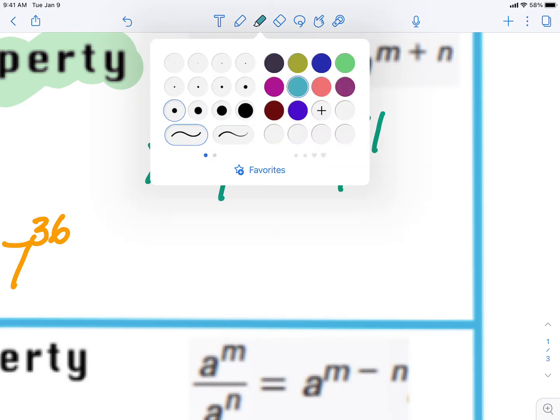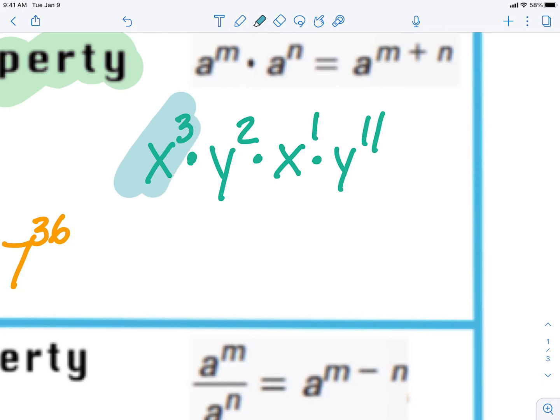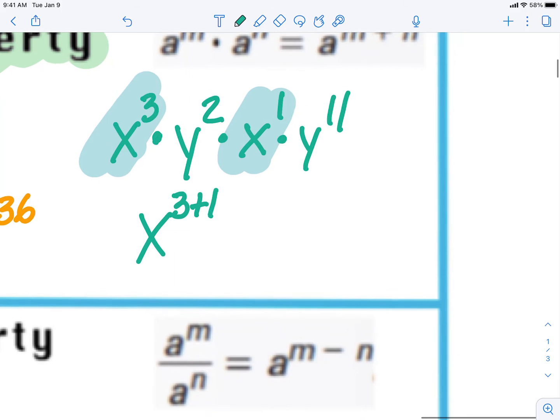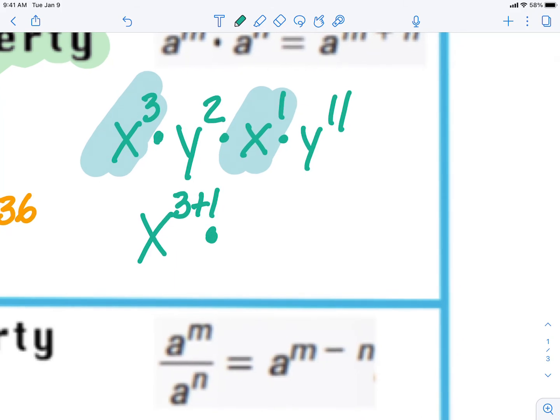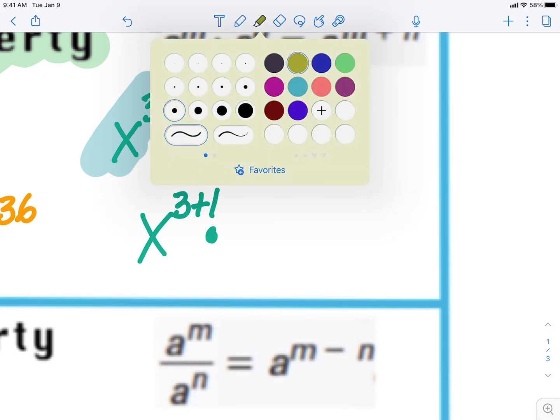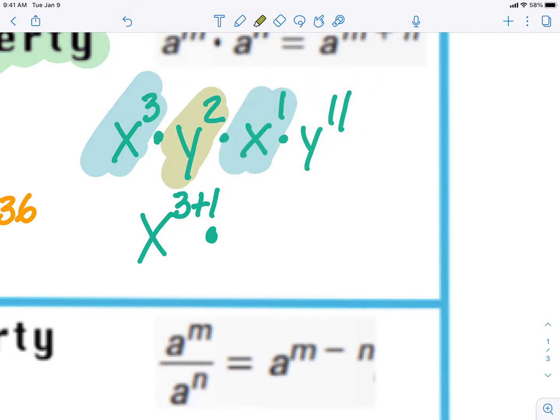So my x is x to the third and x to the first. Well, those two are x's, so I'm going to write x, and I'm going to write 3 plus 1. Times, now I'm going to do my y. Y to the second and y to the 11th.